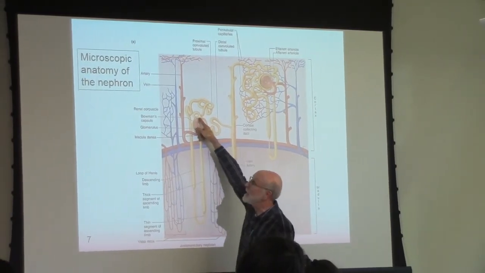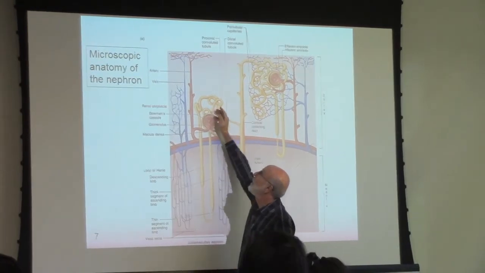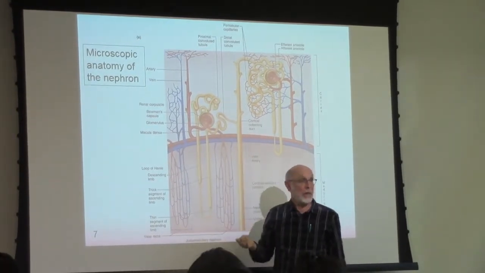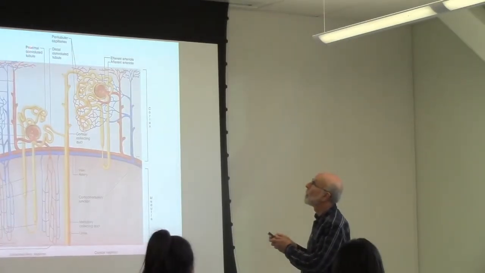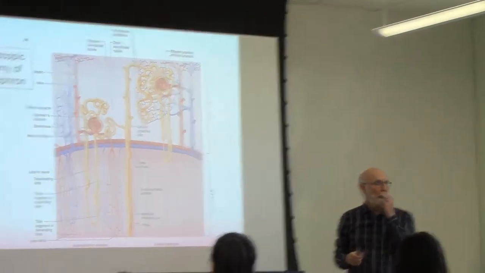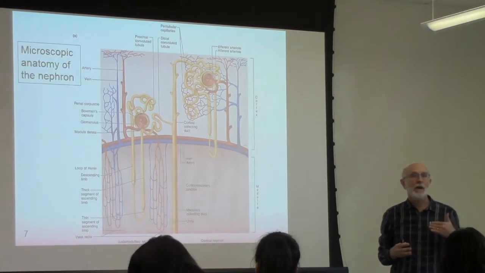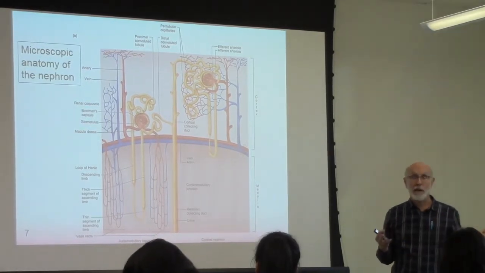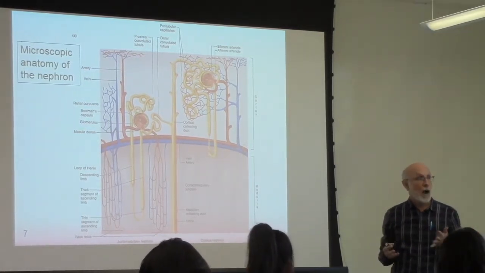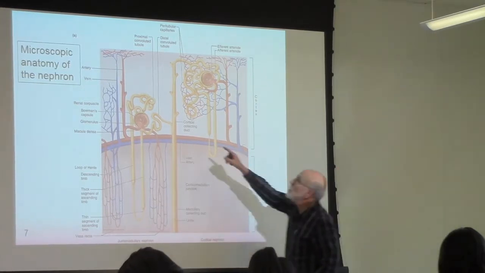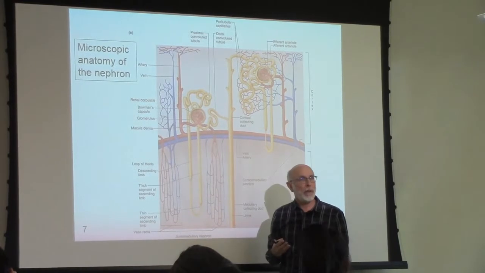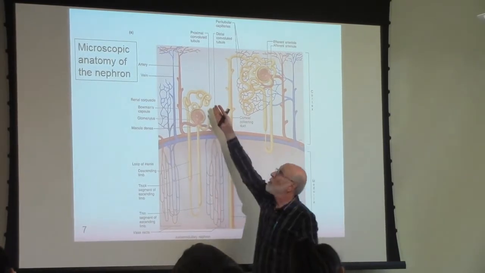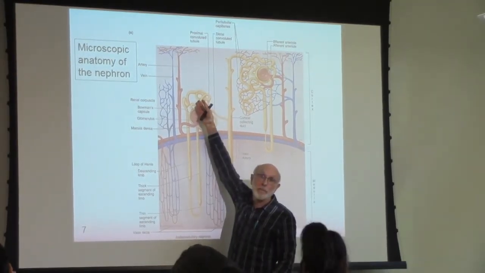Bowman space is connected to a tubule, and the first tubule is called the proximal tubule. Proximal means near. What is it near? It's near the glomerulus. The proximal tubule is the first tube. It's an epithelial tube that is going to process the filtrate.